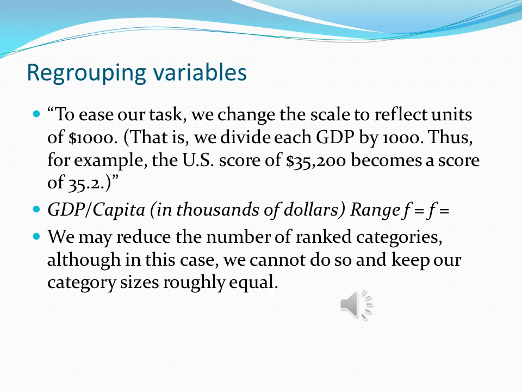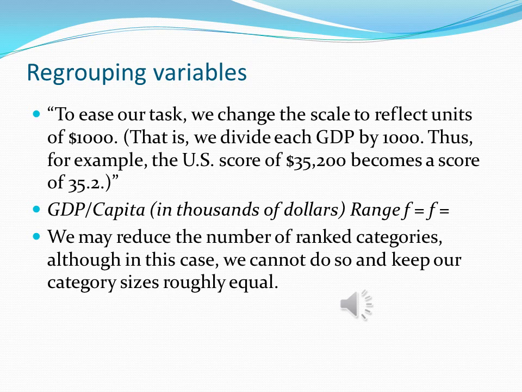Regrouping variables continued. To ease our task, we changed the scale of reflected units to 1,000. That is, as you see in your textbook, they divided each GDP by 1,000. Thus, for example, the U.S. score of 35,200 becomes a score of 35.2. So they reduced that so when you look at the contingency table, it's easier to understand.